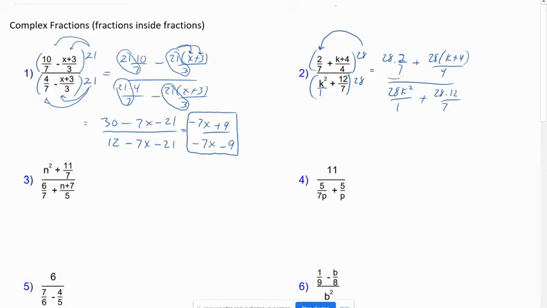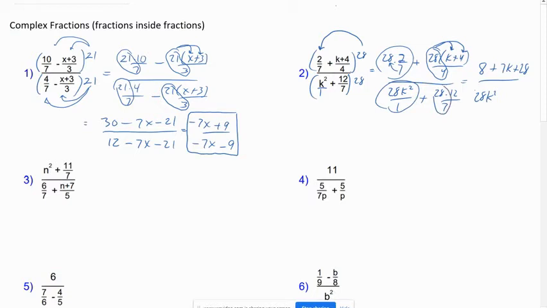When I simplify this fraction, I first do 7 into 28, which goes in 4 times. 4 times 2 is 8. And then 28 divided by 4 is 7. 7 times k and 7 times 4 gives me 7k plus 28. And then in the bottom we have 28k squared.